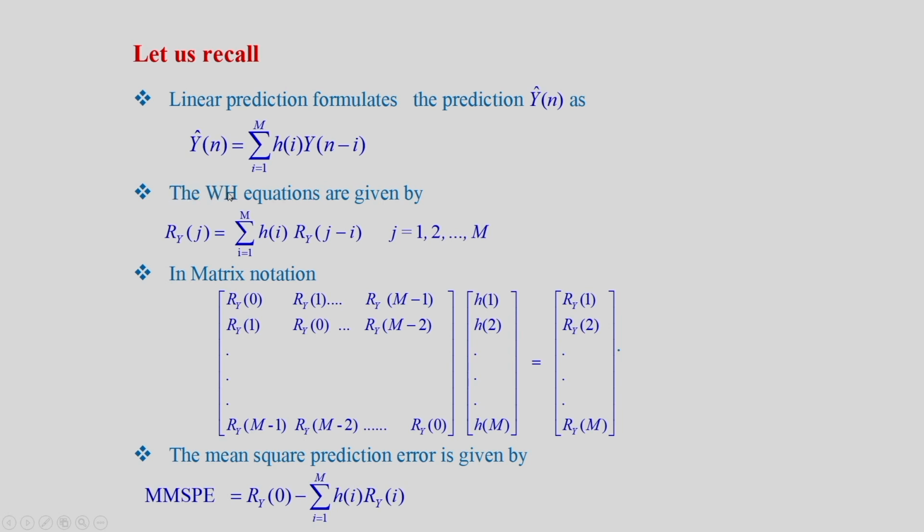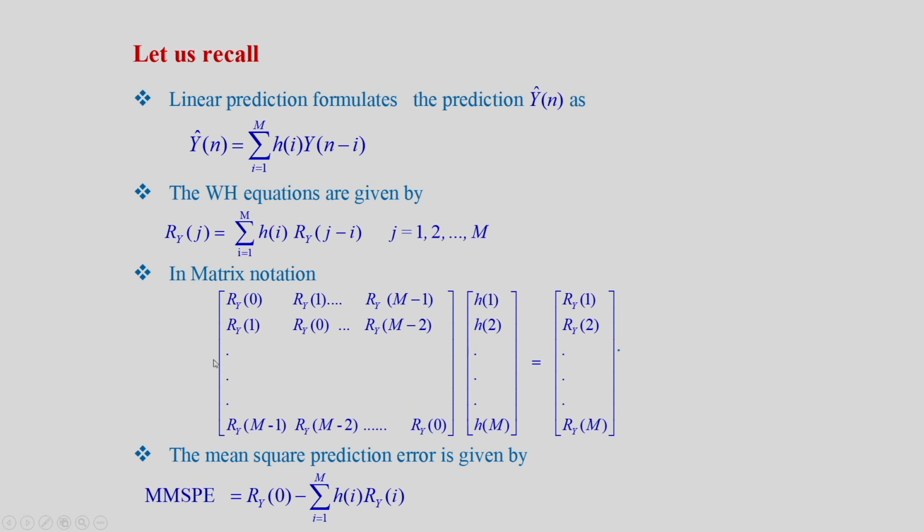The corresponding Wiener-Hopf equations are given by R_y(j) equals summation h_i into R_y(j minus i), i going from 1 to m, and there are m equations corresponding to j equal to 1 to m. In matrix notation, the Wiener-Hopf equations are given by this relationship.